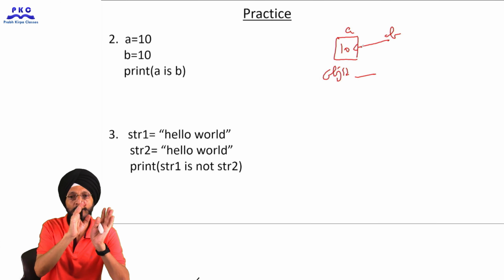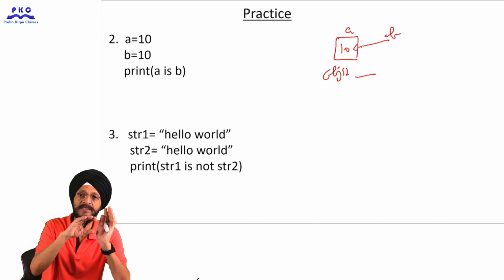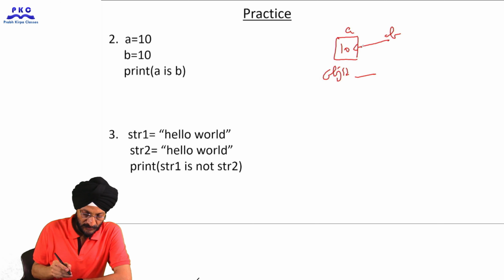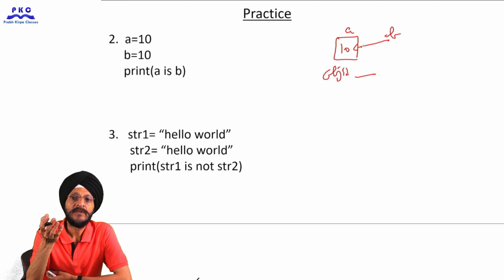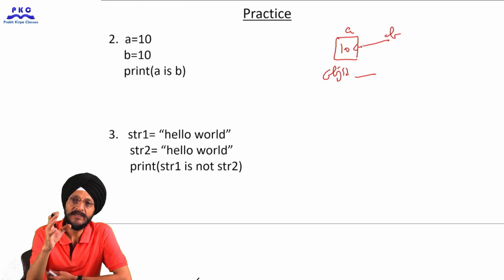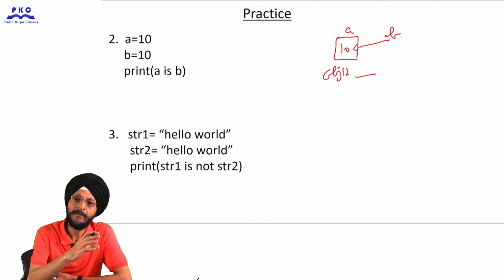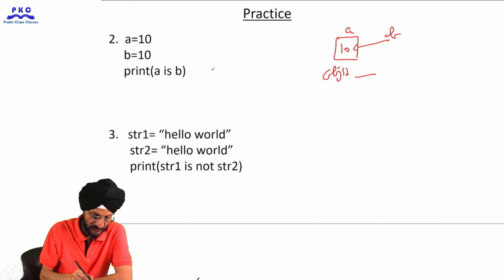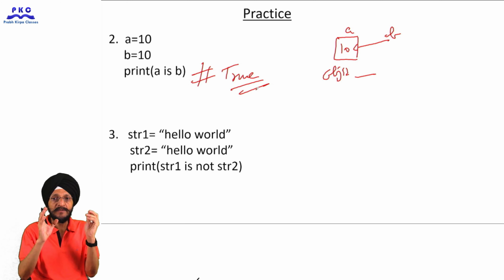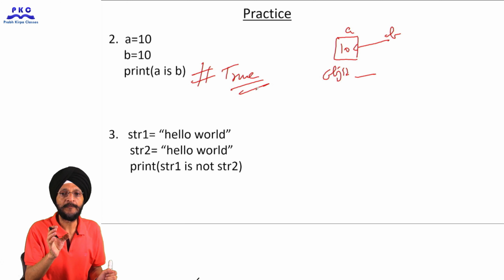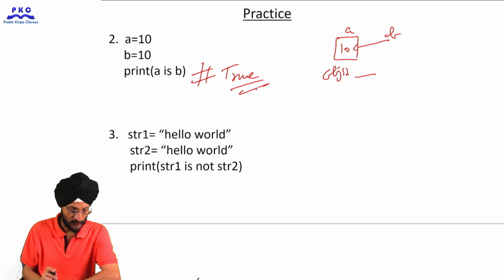That is, the memory address of both the variables will be the same, the object IDs will be the same. To conserve memory and to improve performance, the memory manager allocates the same memory address to both the variables. So our answer is true. In the case of Python, small integers are allocated the same memory address if they have the same value.